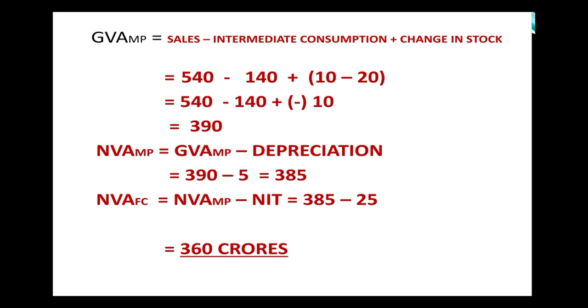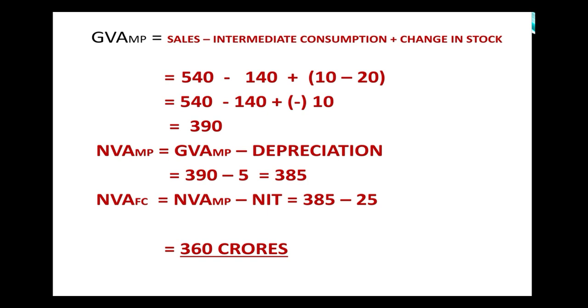Then we need to find net value added at factor cost. According to the question, you need to follow the steps. First we find the GVA at market price, then NVA, net value added at market price. Now we are finding the net value added at factor cost.